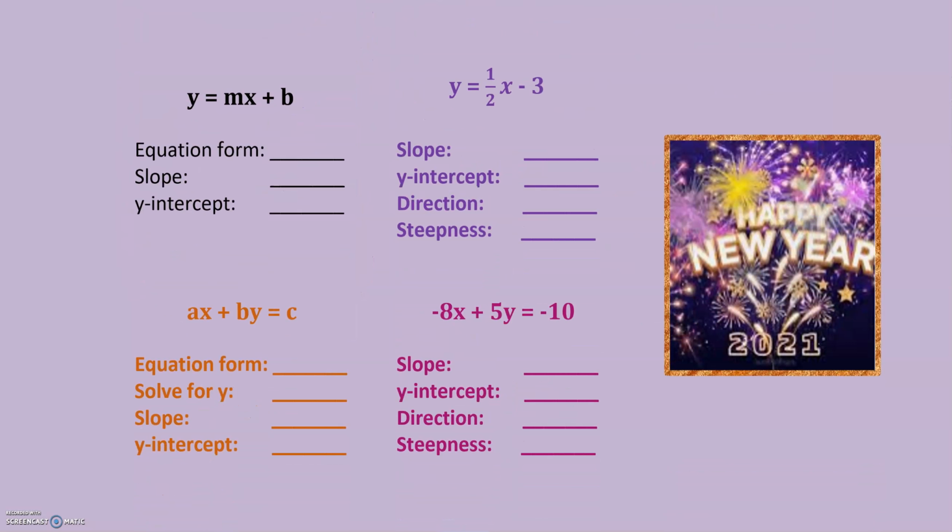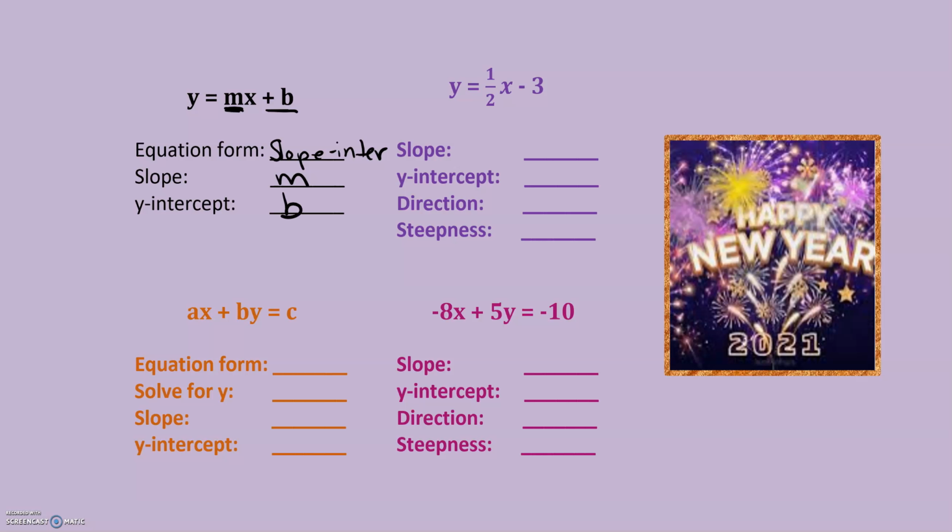Okay, in our y equals mx plus b, we call that again the slope-intercept form. And again, that means that our m is the slope. That means our y-intercept is whatever that b value is.